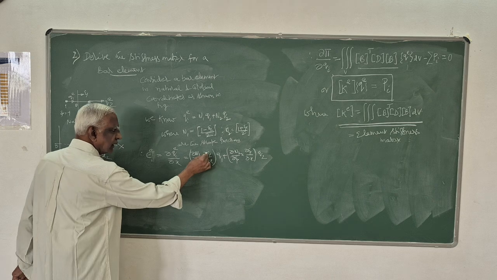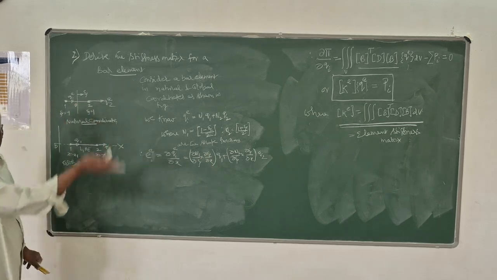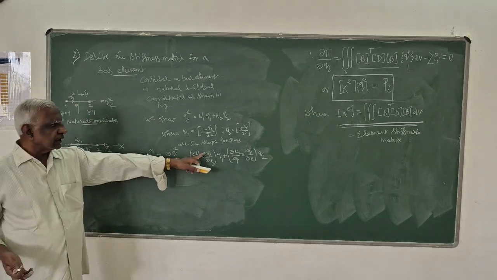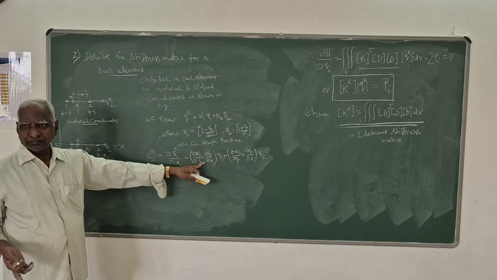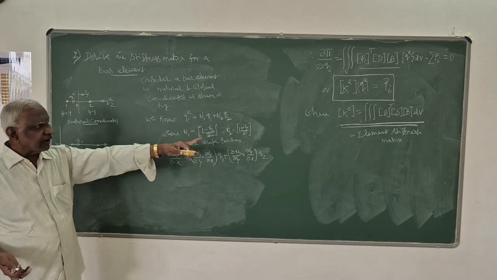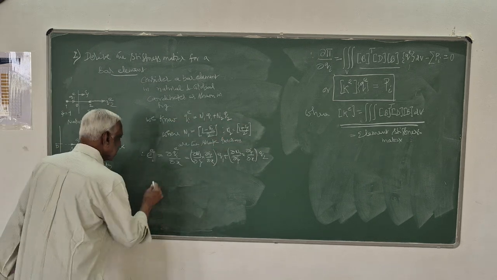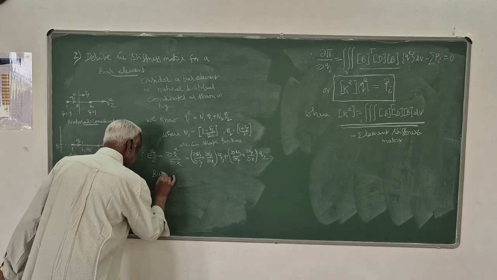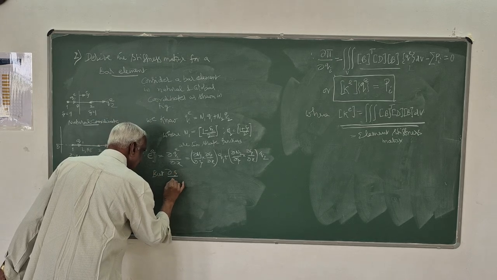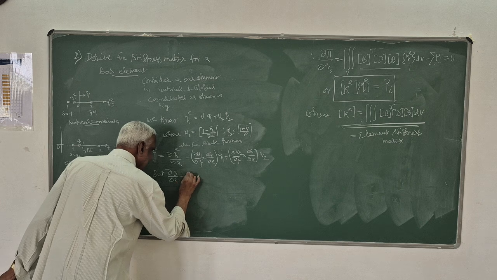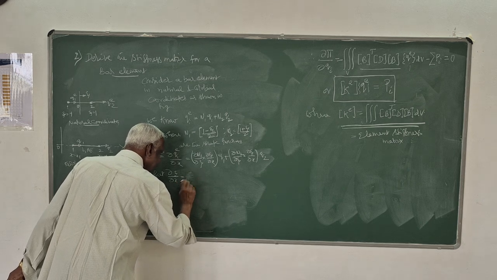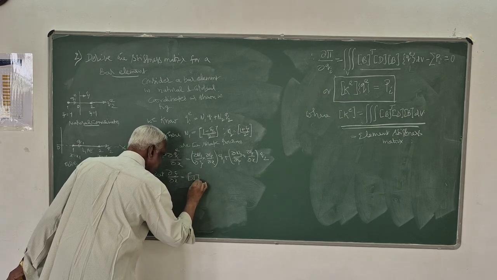Already you know, this is assuming this element to be isoparametric. So this is nothing but 2 by L, that already I have shown by deriving the general. dξ by dx is nothing but the Jacobian inverse.